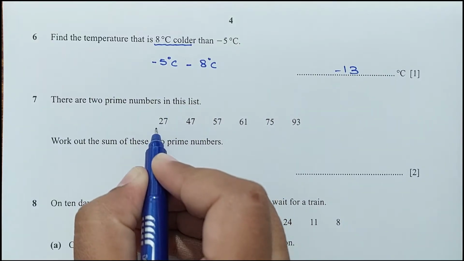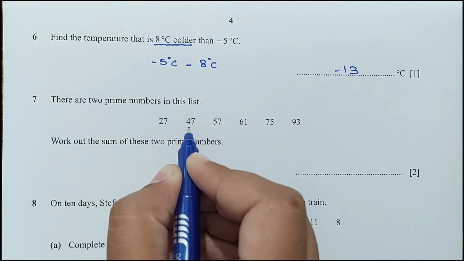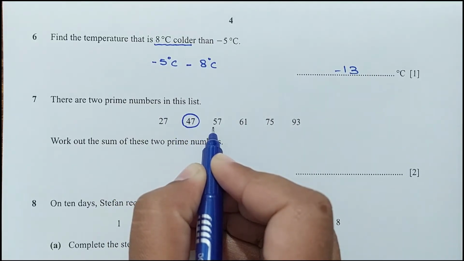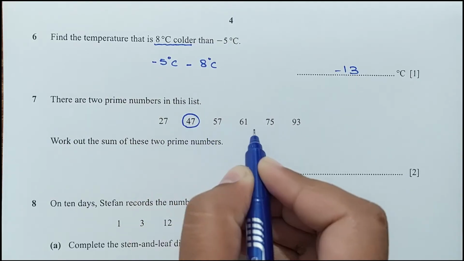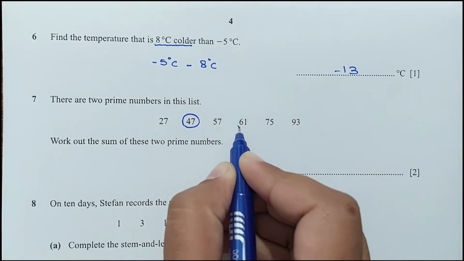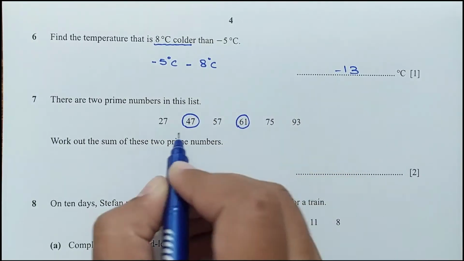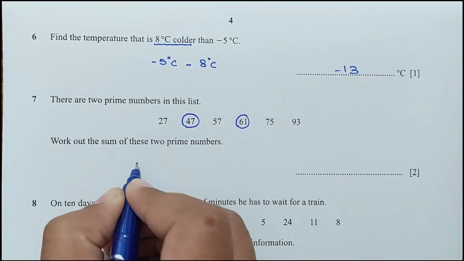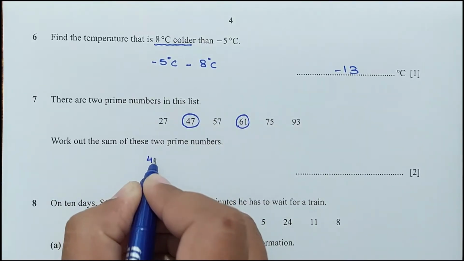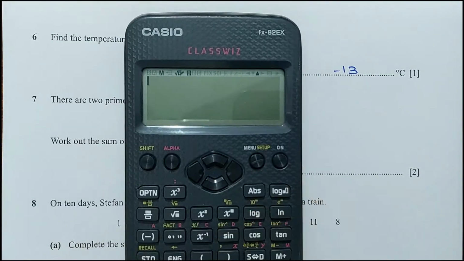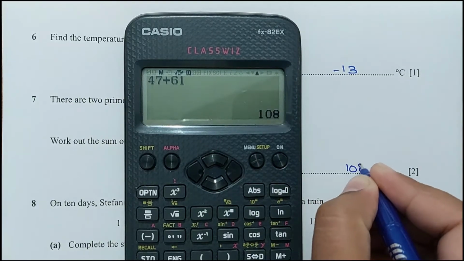It is divisible by 3. 47 is a prime number. 57 is also divisible by 3, 3 times 19 is 57. 61 is a prime number. 75 is divisible by 5 and 93 is divisible by 3. So these two are prime numbers. We have to find the sum of the prime numbers, which is 47 and 61. So 47 plus 61 is 108.